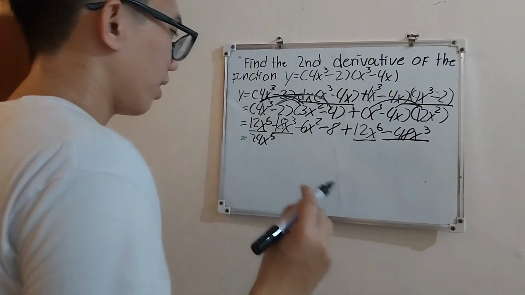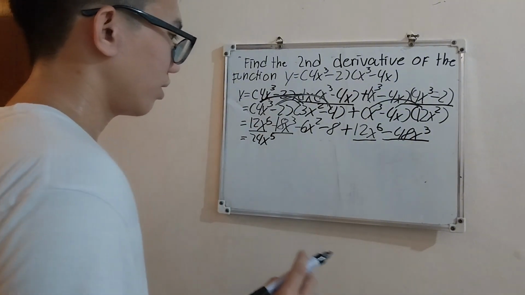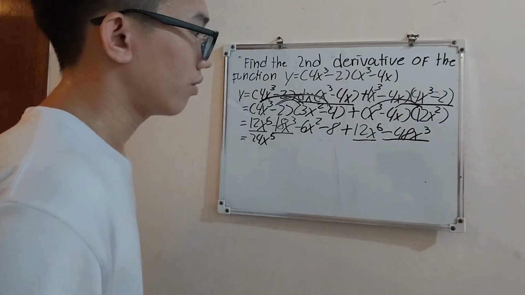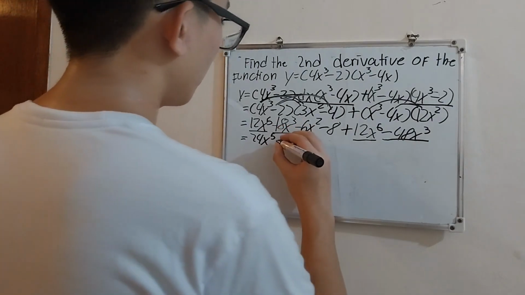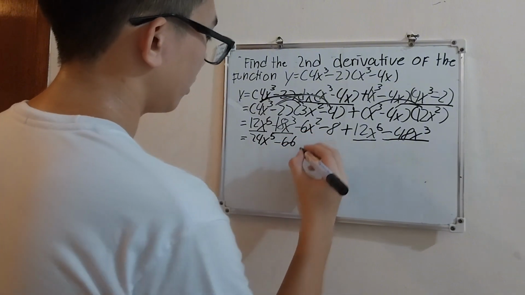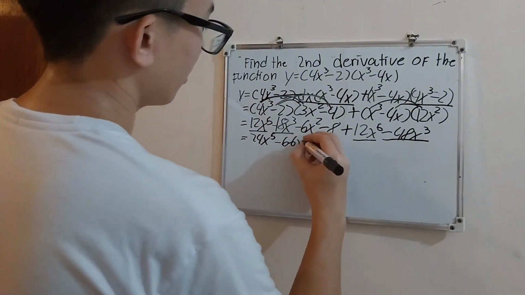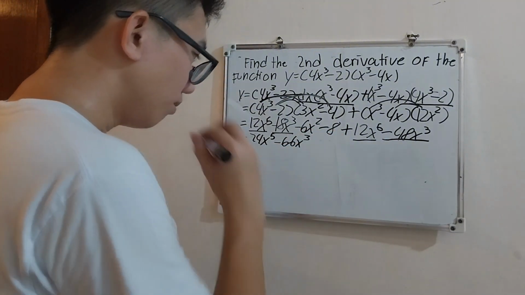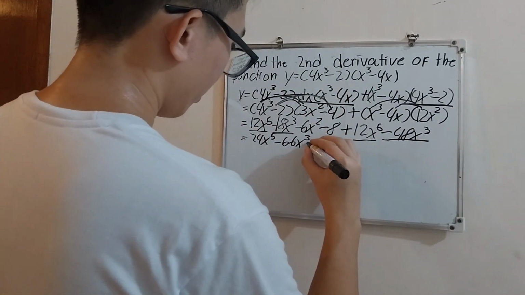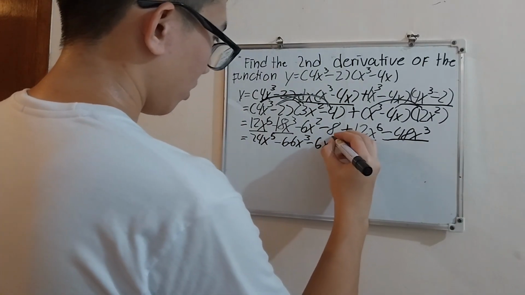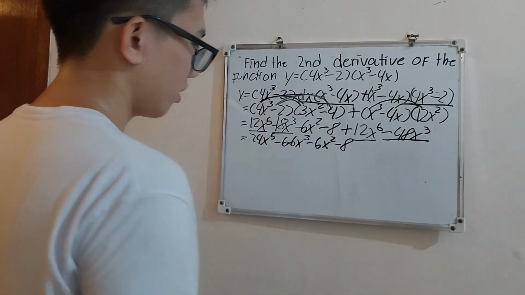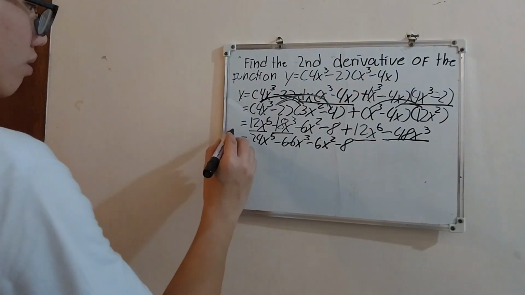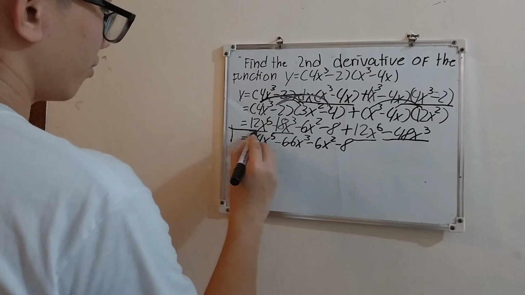Now negative 18x cubed plus negative 48x cubed equals negative 66x cubed. Now bring down the rest since they don't have any like terms. So this is our first derivative.